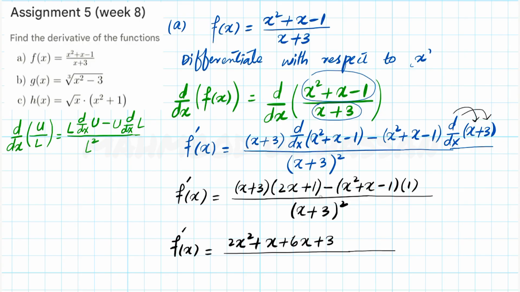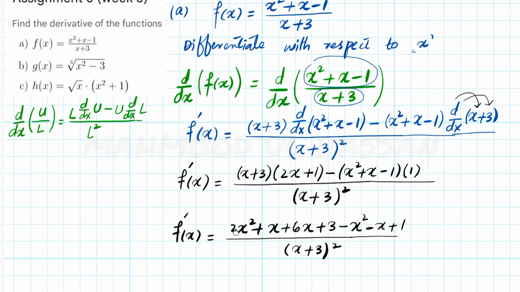And here we multiply this with 1, so that would become the same, and then we have to multiply the minus inside, so that is going to be minus x squared minus x and then plus 1, divided by x plus 3 whole squared.